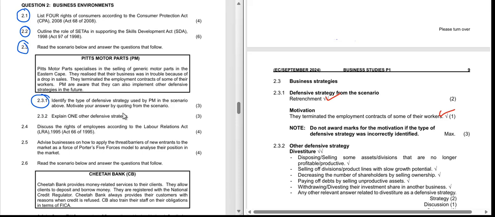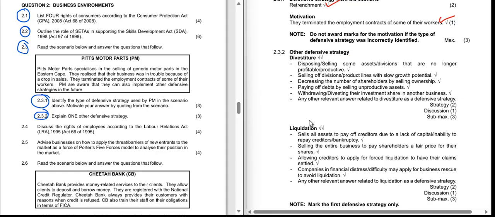And then explain one other defensive strategy. We've got multiple defensive strategies. Here they gave us this one, divestiture. This is when you sell off a division or a product line with slow growth potential. You are selling some part of your ownership or some part of your business if they are not performing very well.